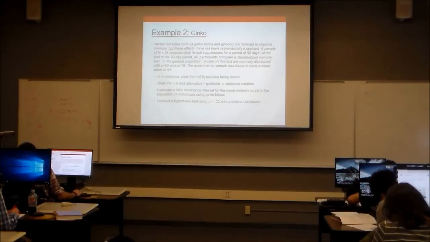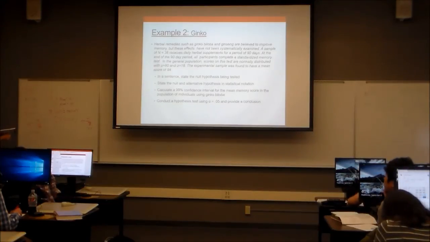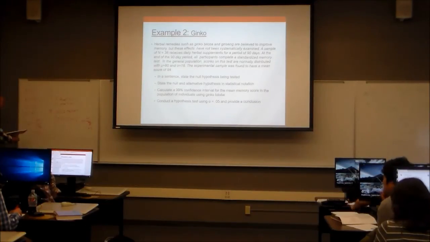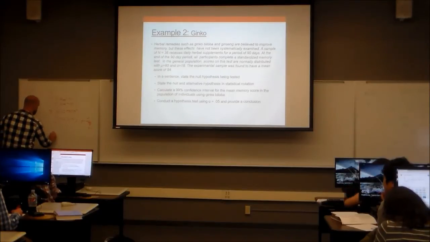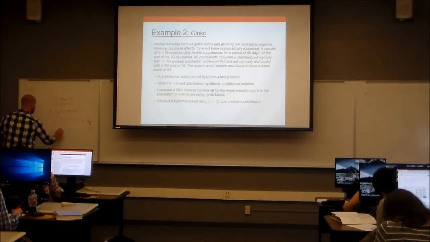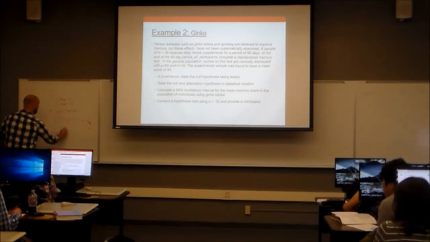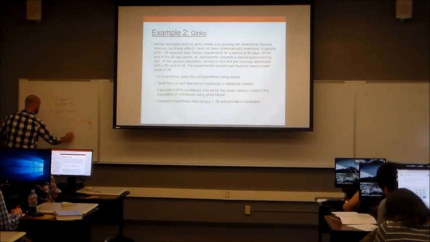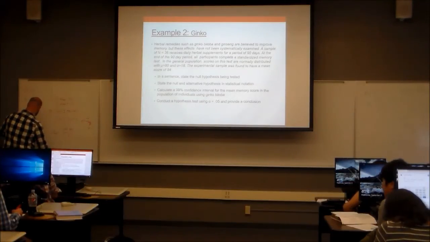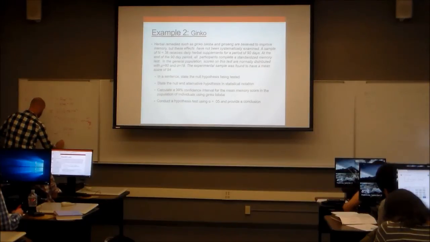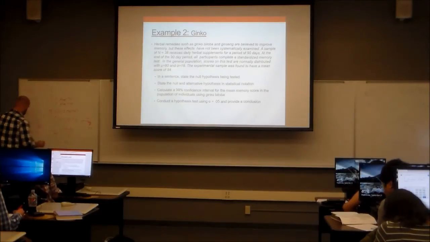Then what we're going to do is conduct a hypothesis test at alpha 0.05 and provide a conclusion. So our Z test is going to equal 84 minus 80 over my standard error, which is now 3. That gives me a Z of 1.33.